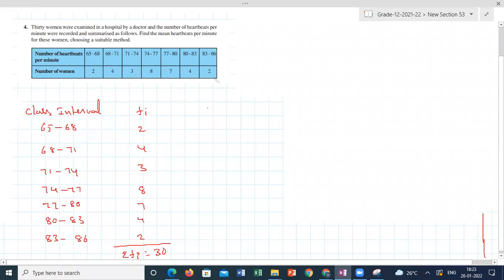So next one is the class mark. Class mark is the average of these two, 65 plus 68 by 2, like that. So what is a class mark, students? What is a class mark?